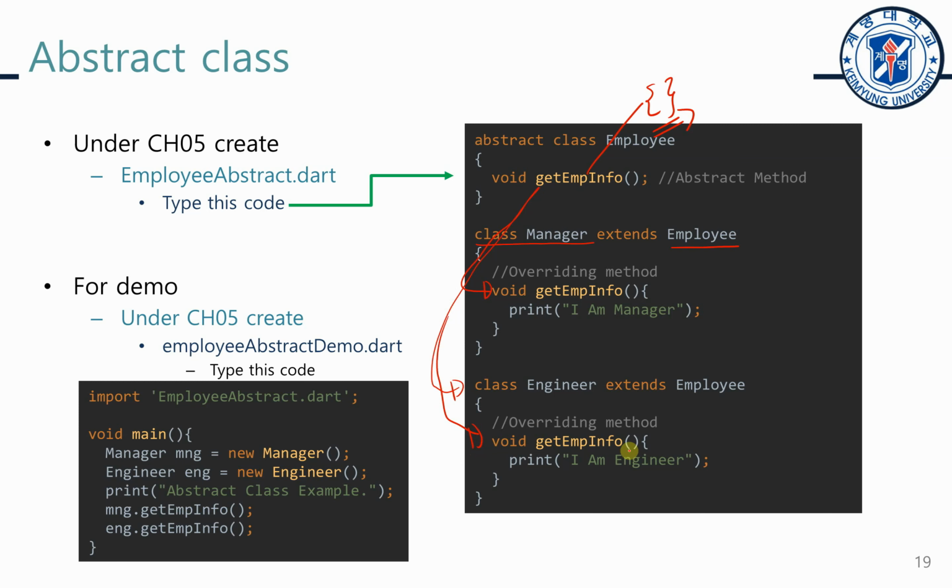So I am an engineer. So you can see that this is also part of polymorphism. That means we have one method and it has different forms. One method has many forms. So this is part of the polymorphism concept we discussed in the last class. So you can see that when get info is used in the manager class, it says I am a manager, and when it is the engineer class, it says I'm an engineer.